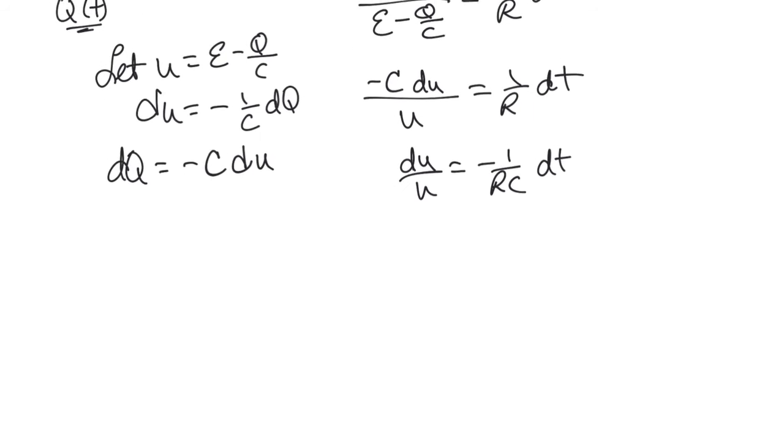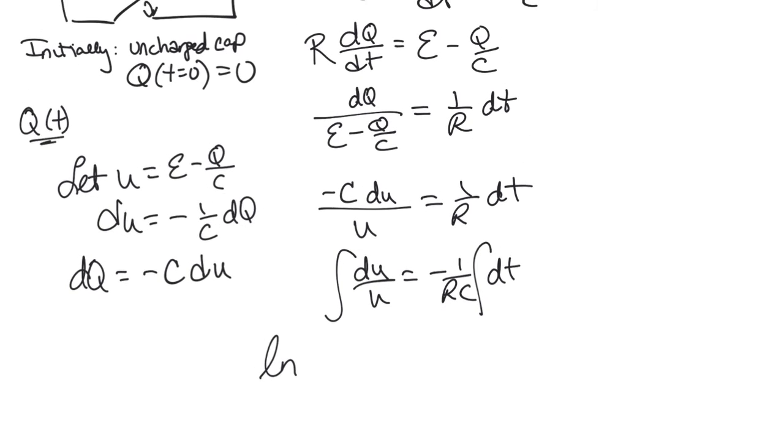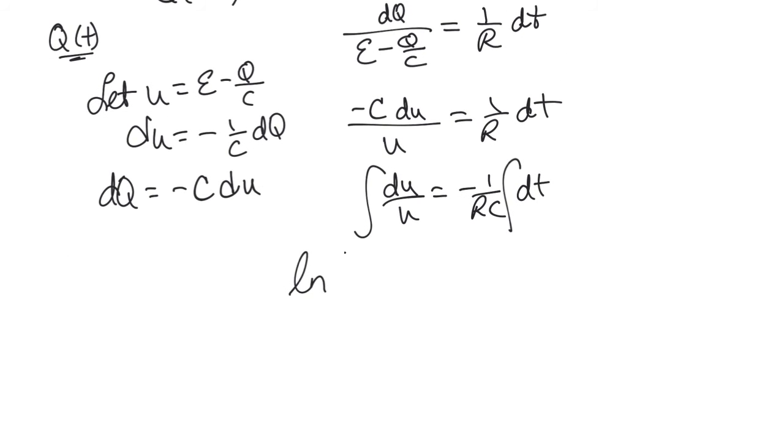Let me move this up. So let's integrate these, okay? So that's going to be log of u, right? But because I want to get my limits in there, I'm actually just going to throw my value of u back in there. So what was that? Oh, it's over here. So log of the EMF minus q over c.